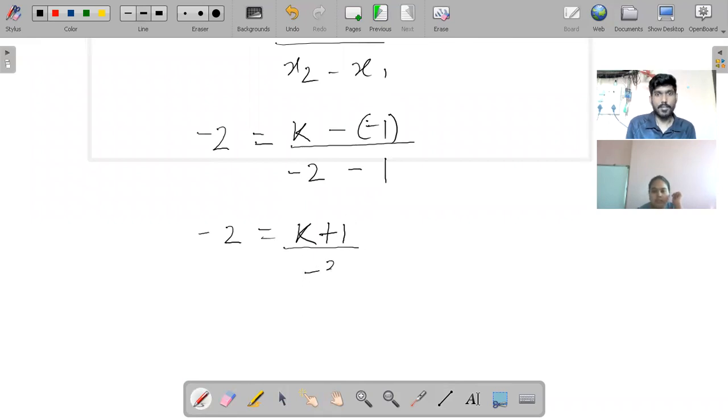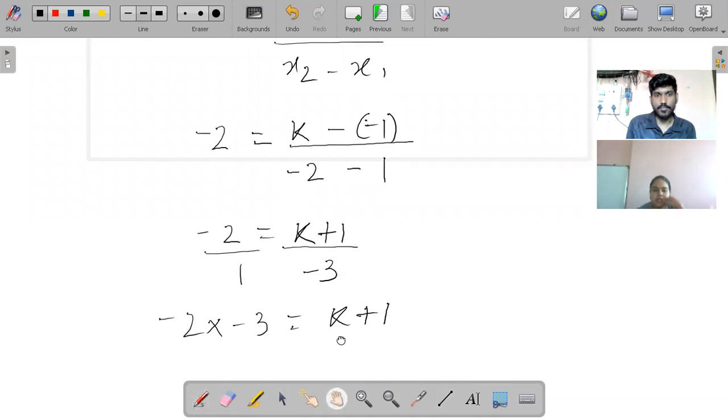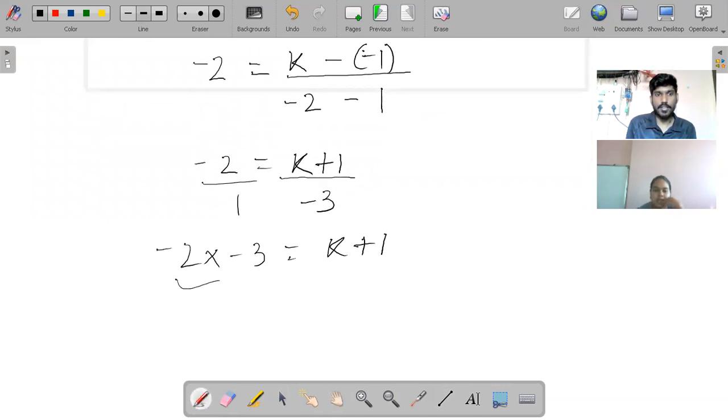That is -3. Now you do cross multiplication, so -3 goes to the left side. So this becomes -2 into -3 is equal to K plus 1. How much is -2 into -3? Minus into minus is +6.